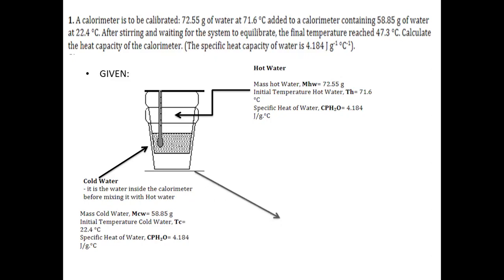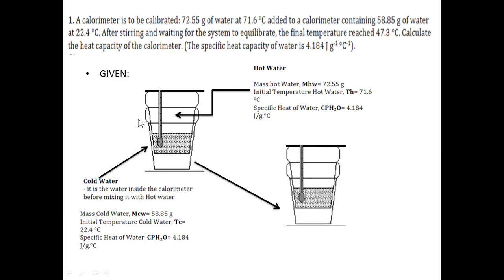Now let's proceed. Now after mixing, and we have waited for the system to equilibrate, the water temperature is 47.3 degrees Celsius. Now, this is already the final temperature for both mixtures.